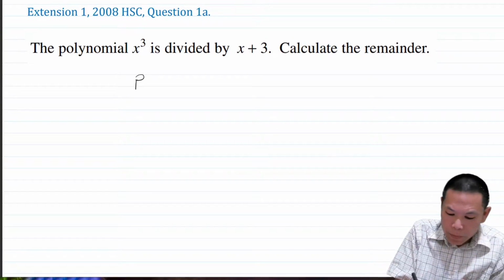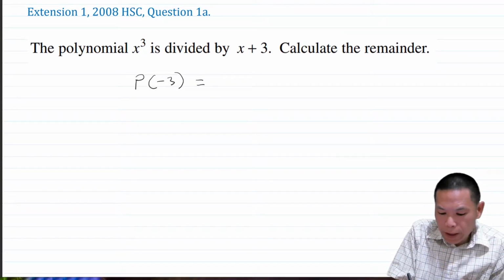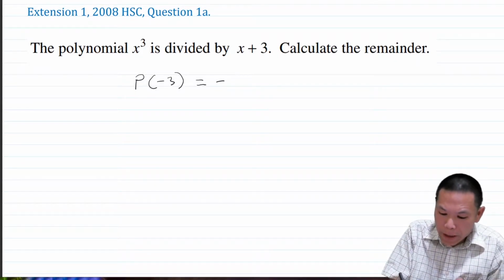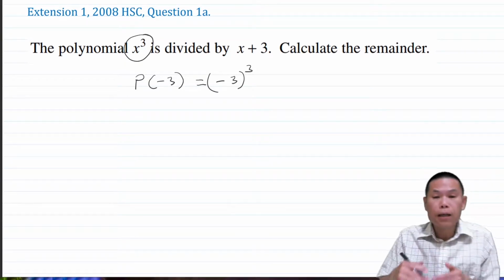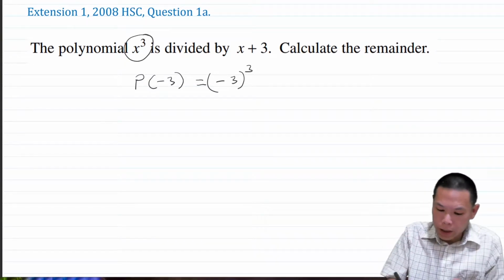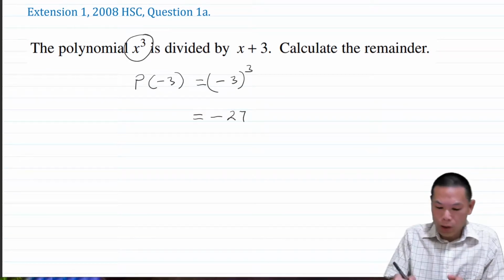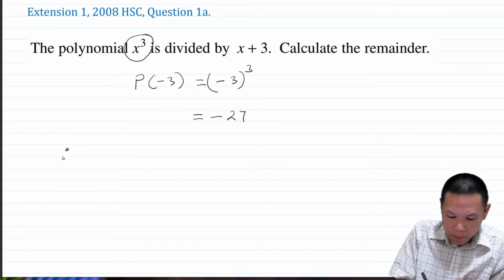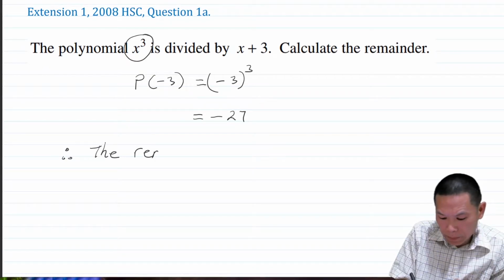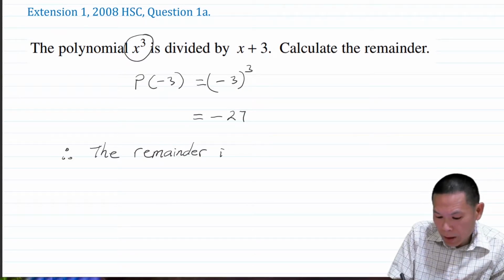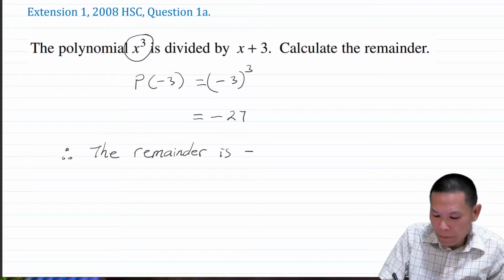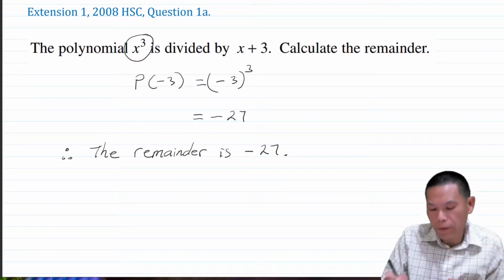So that would give me negative 3 to the power of 3, and this is P of x. So that would give me negative 27. So therefore, the remainder is negative 27.